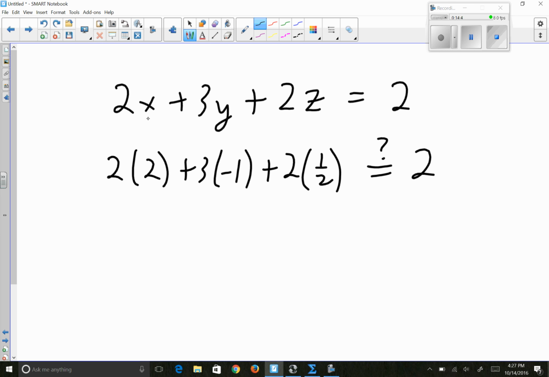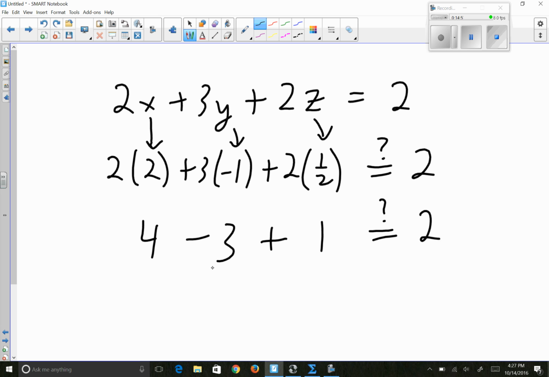That's the solution we got. X is 2, y is -1, and z is 1/2. 2 times 2 is 4. 3 times -1 is -3. 2 times 1/2 is 1. 4 minus 3 is 1. 1 plus 1 is 2. Check.